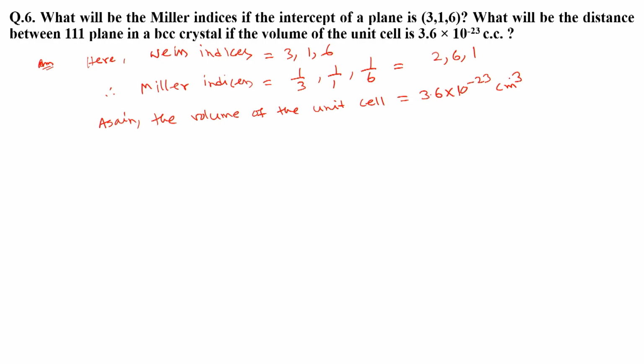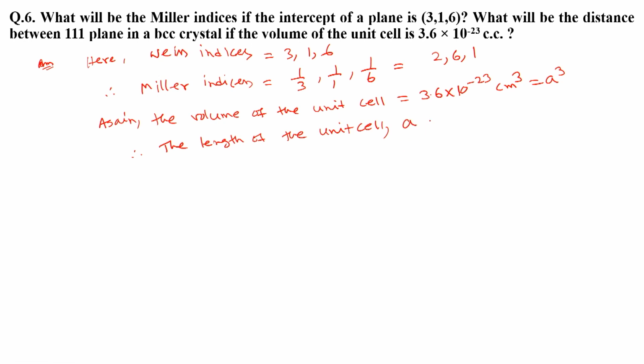Therefore the length of the unit cell, called A, has A cube equal to 3.6 times 10 raised to the minus 23.